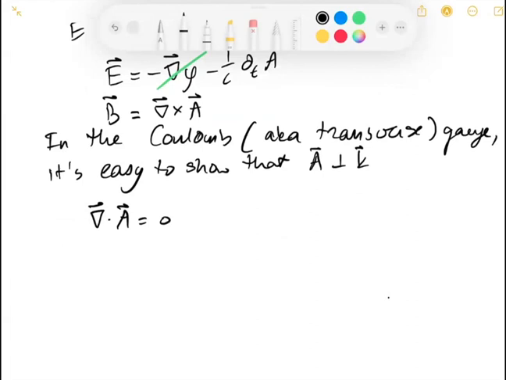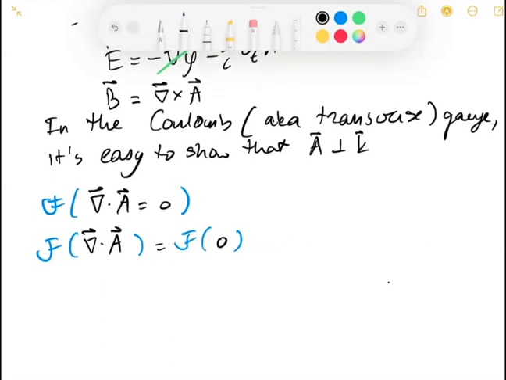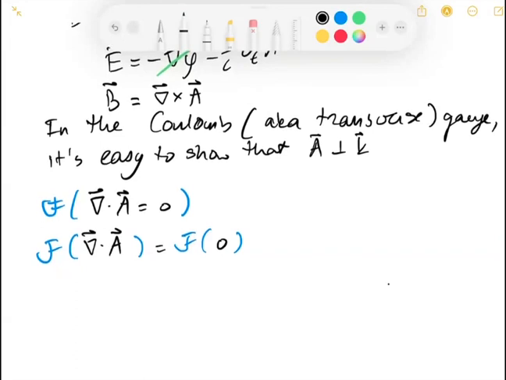So now if we take the Fourier transform of both sides, the Fourier transform of 0, taking the gradient, you can pull it out of the Fourier transform or the divergence.